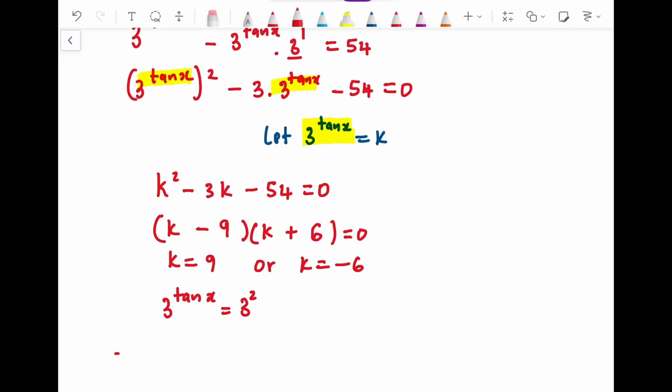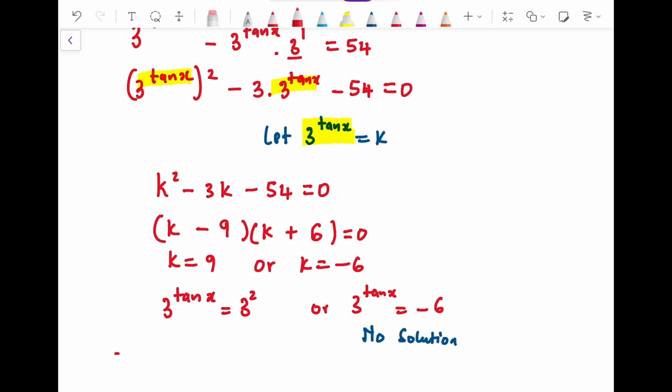And then, or 3 to the exponent tan of x is equal to negative 6. Remember, this is an exponential, so this one already, we know that it has no solution.